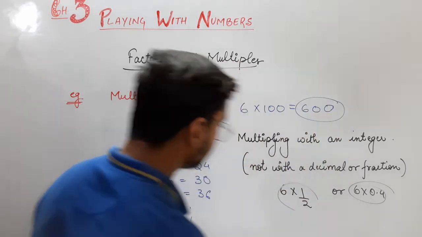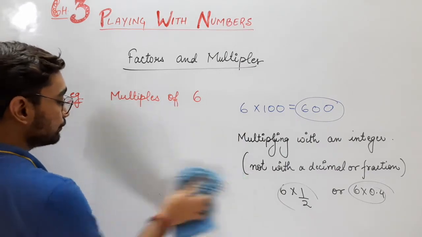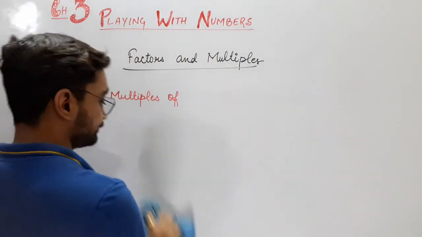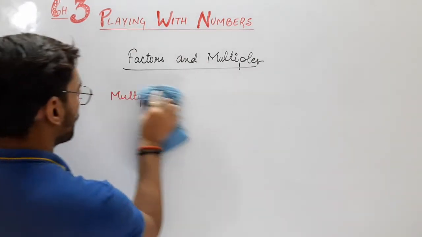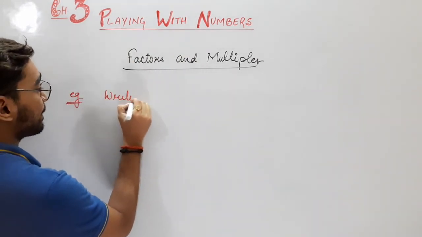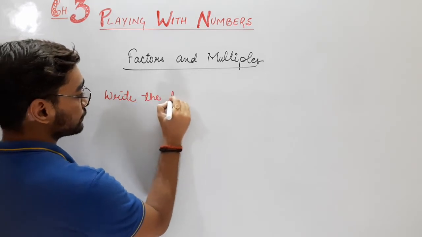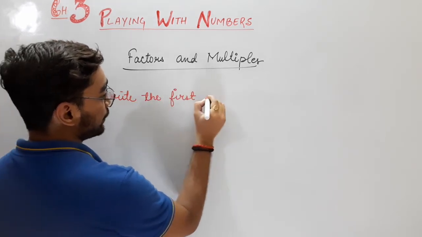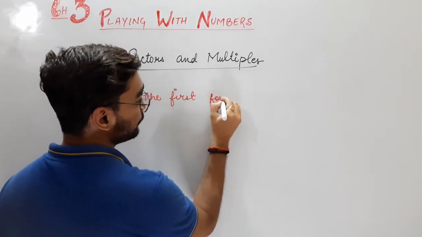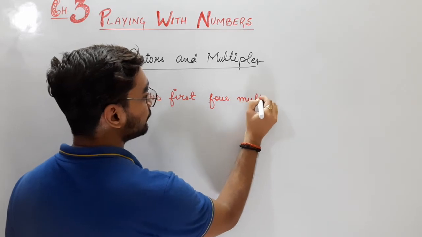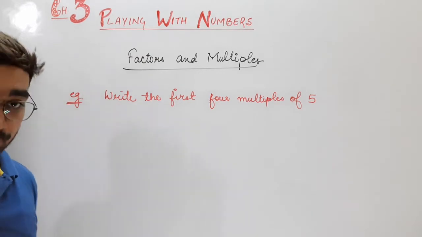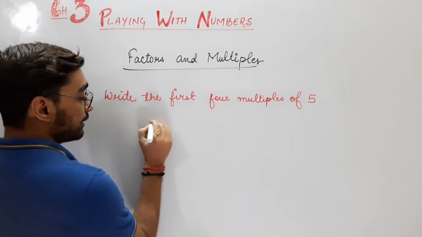For example, my next question is, write the first four multiples of 5. First four multiples of 5 means what? 5 ones are 5.